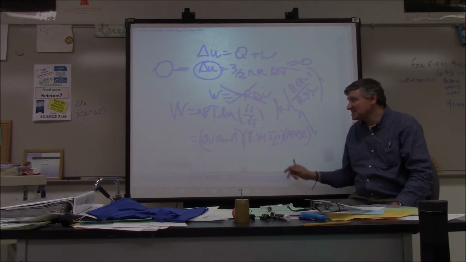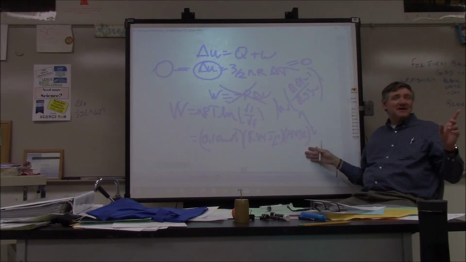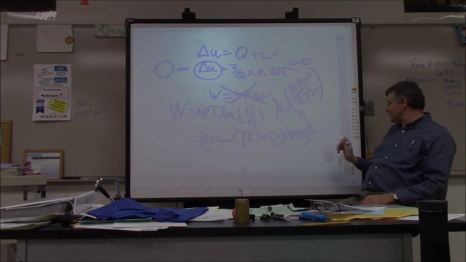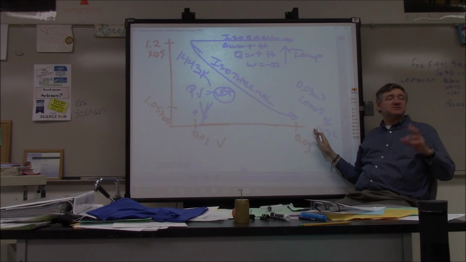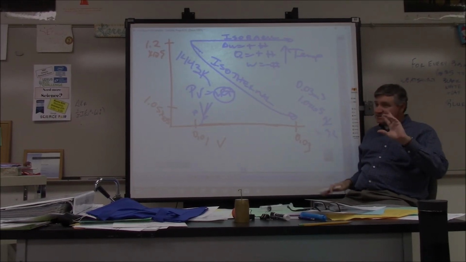Negative. So guess what the sign of my work is going to be? Negative. That fits because I'm making the volume bigger, so I should end up with negative work. So that's how this fits into one big idea.